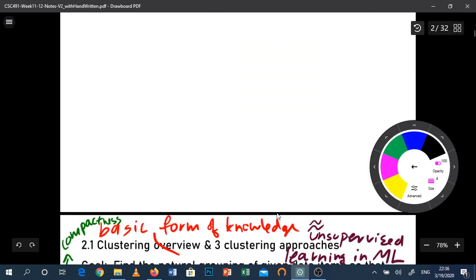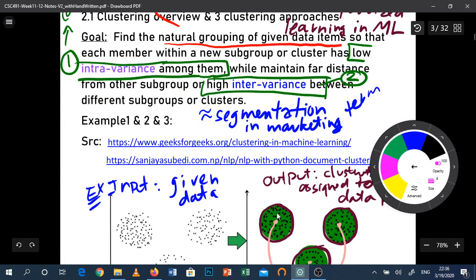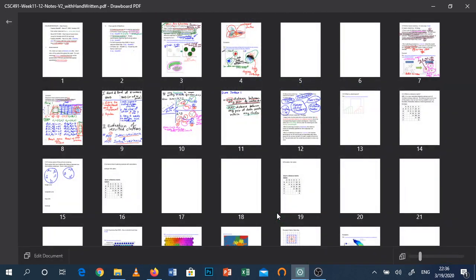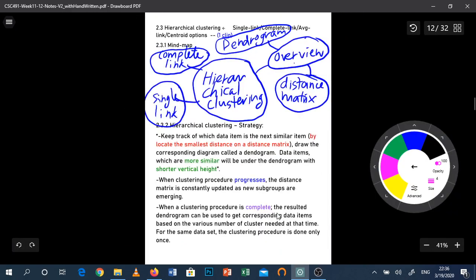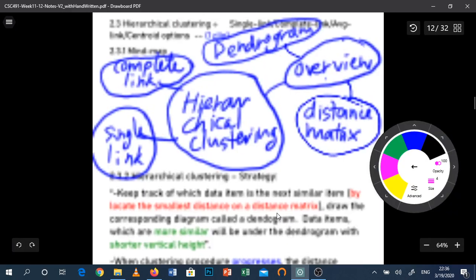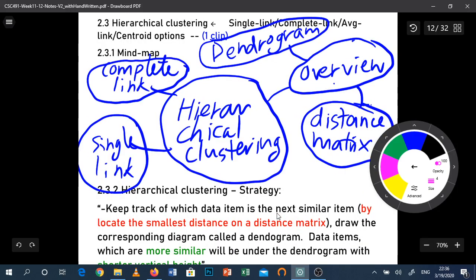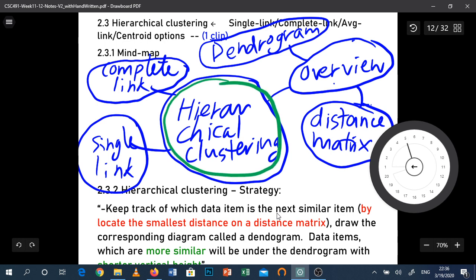To do so, first let's look at what we will cover about hierarchical clustering. The main mind map of hierarchical clustering is that we are focusing on the first part. We want to look into the overview, which I briefly introduced.